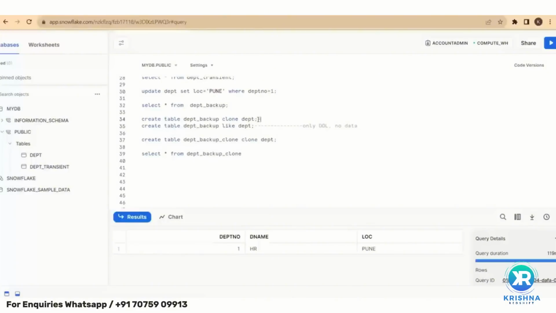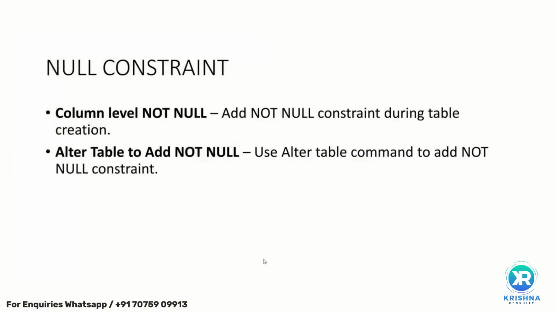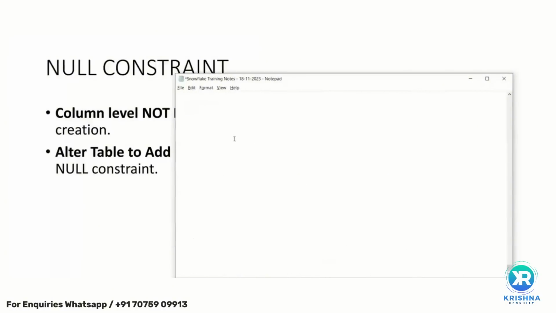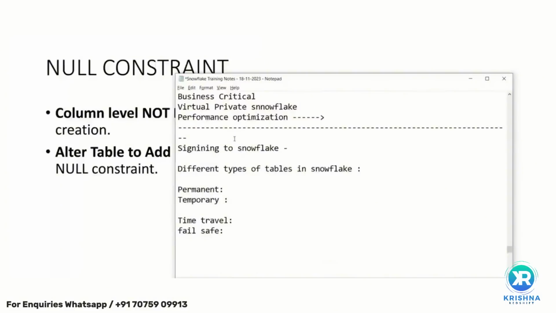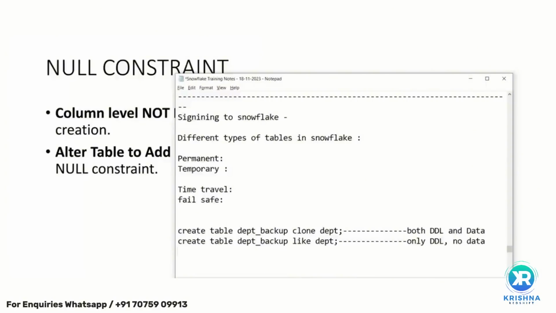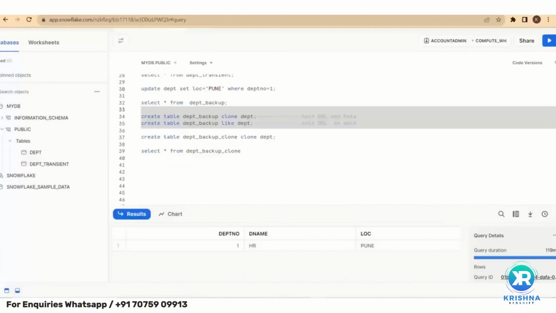Clone means it creates with both DDL and the data. So yeah, this is what is actually asked in the interview. You want to create with data and without data. With data means you use clone. Without data means use like. That's it.